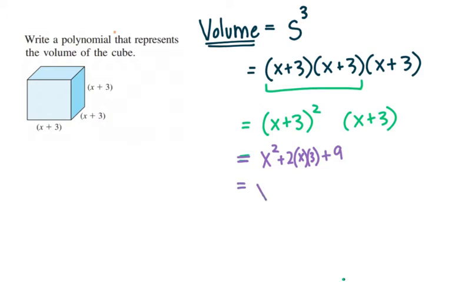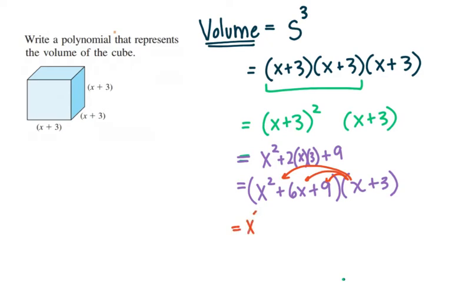So this will simplify to be x squared plus 6x plus 9 as a shortcut, and then times x plus 3. So now we have to go ahead and multiply each term here.